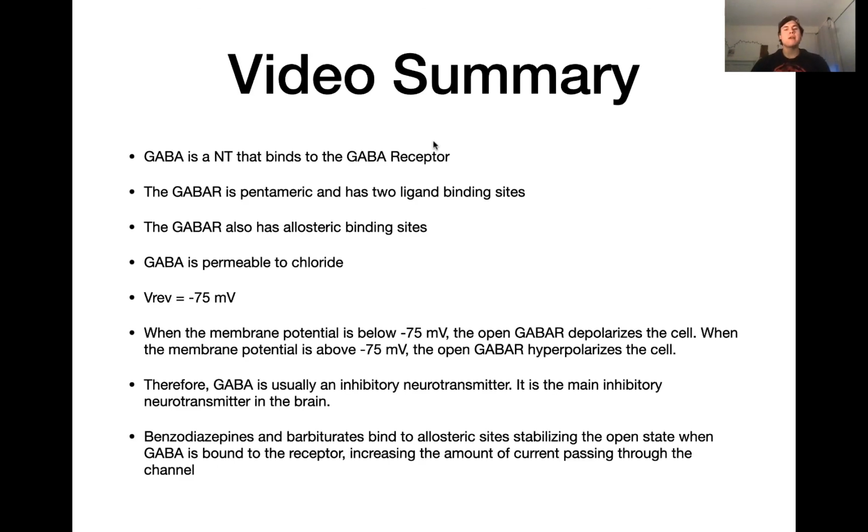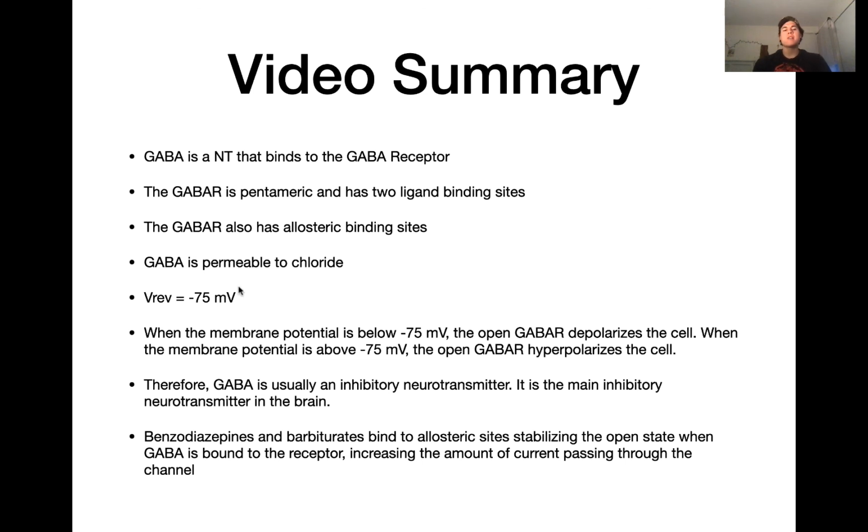So now let's summarize what we talked about in this video. So we saw that GABA is a neurotransmitter that binds to the GABA receptor, and that the GABA receptor is pentameric and has 2 ligand binding sites. The GABA receptor, as we saw, also has allosteric binding sites, and when allosteric molecules bind to them, it causes a conformational change that can either stabilize or destabilize the open state.